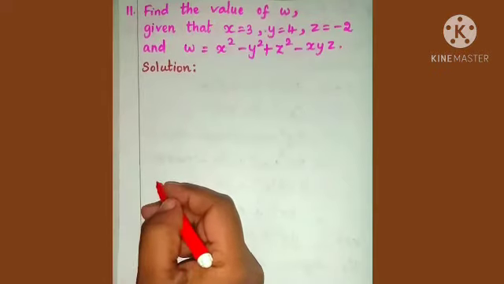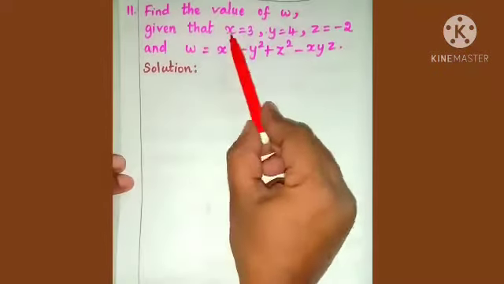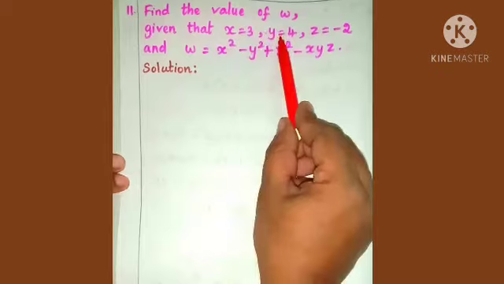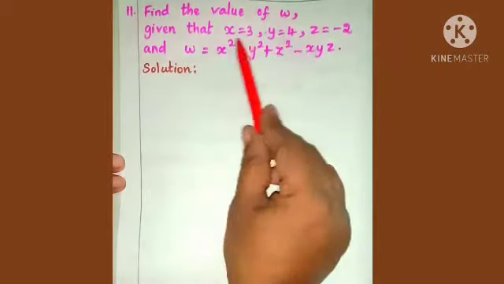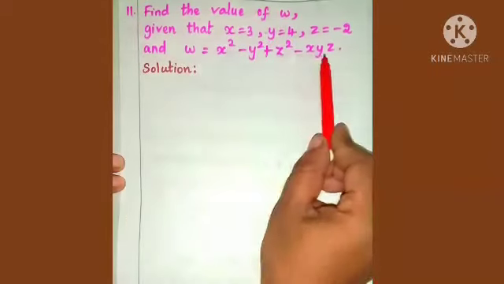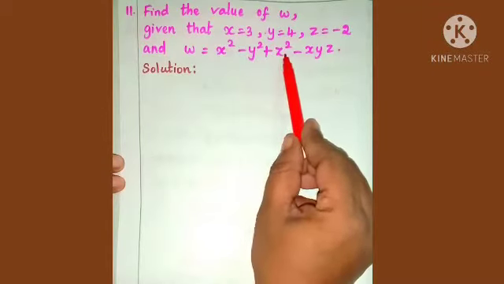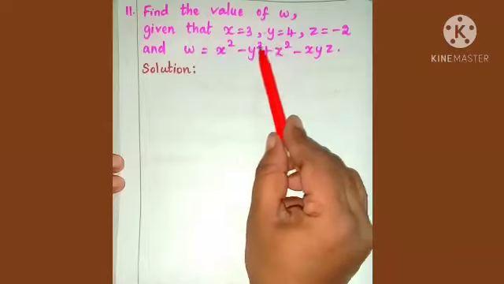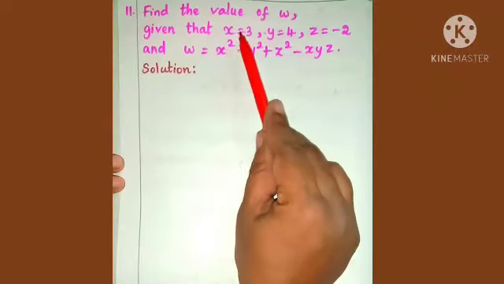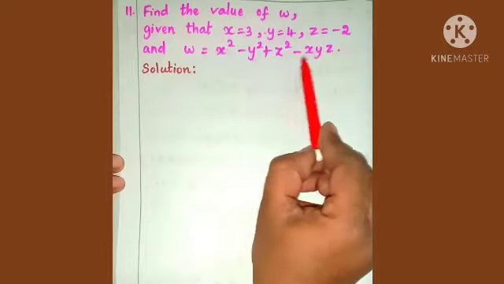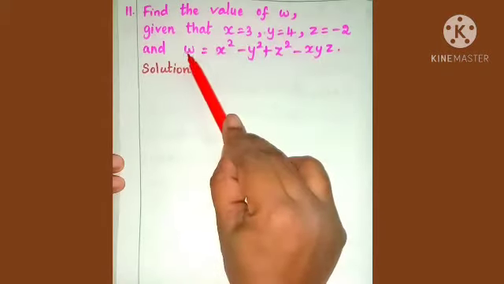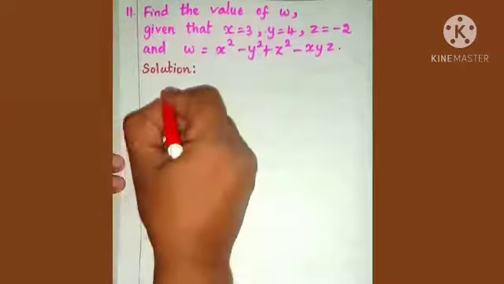Friends, find the value of w. Given that x is equal to 3, y is equal to 4 and z is equal to minus 2, and the expression of w is x square minus y square plus z square minus xyz. First, let us substitute all the known values of x, y and z in the expression. Thus, we get the value of w.